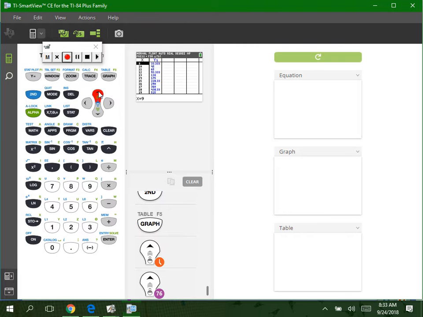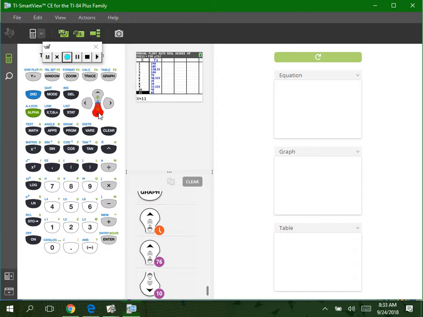So I have 93.33. Maybe I hit the button too many times. 93.33 would represent the value of when x is 12 using the cubic model.